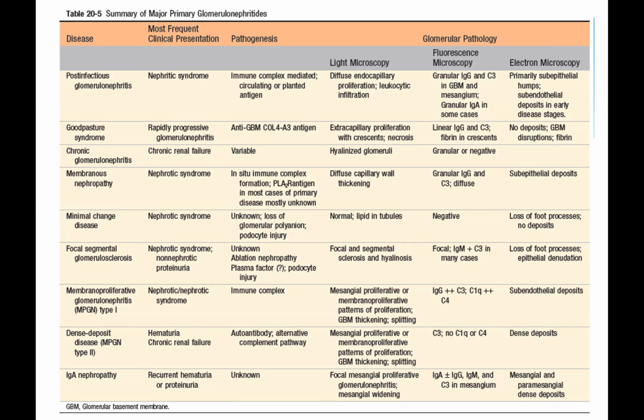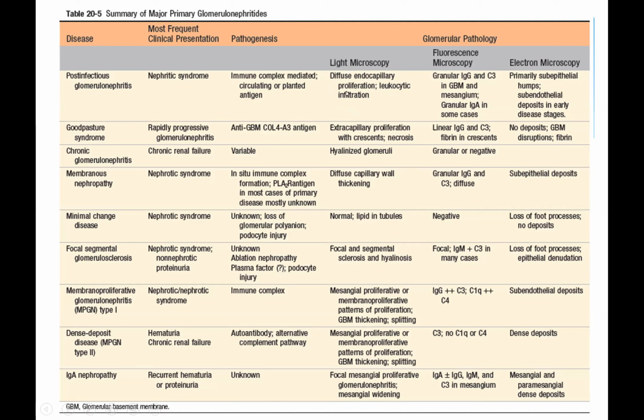As we go along, you will also realize that sometimes there's an overlap of both nephritic and nephrotic occurring in the same patient. So to diagnose the disease, aside from the lab workups of blood, like BUN and creatinine, and the urine sample, as I have said, you need to do a biopsy. The biopsy will be stained by H&E, and that is what you call light microscopy.